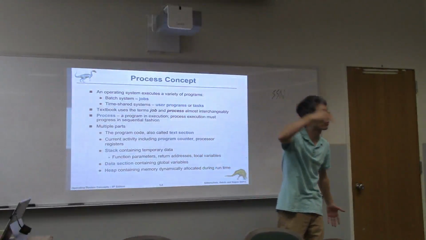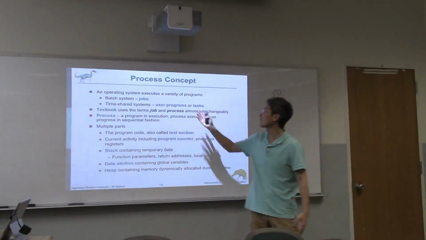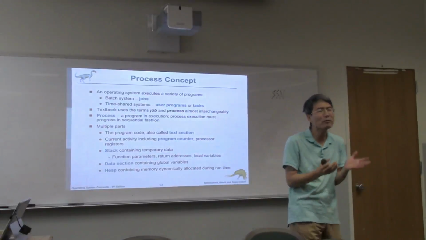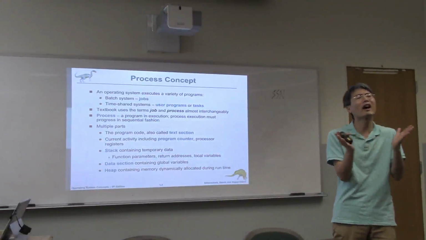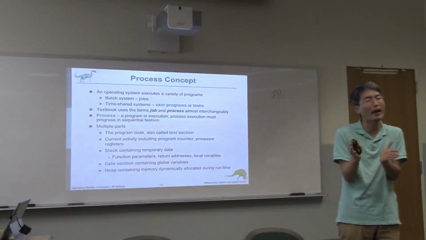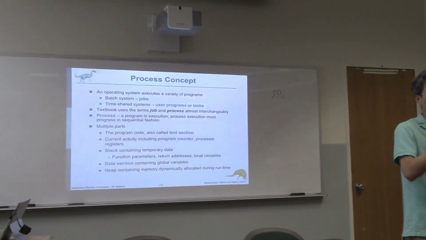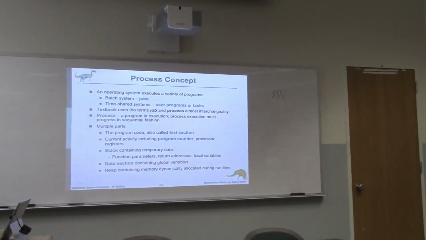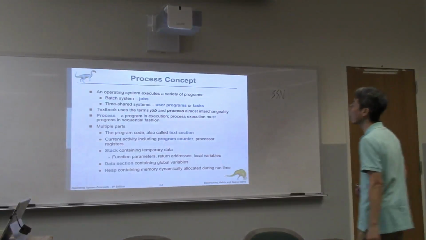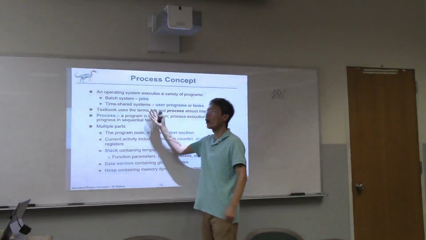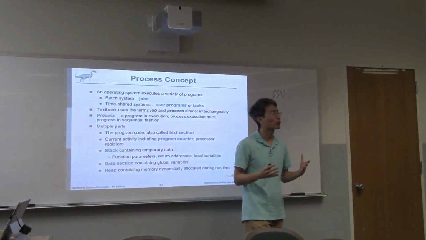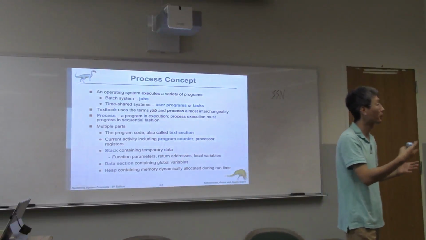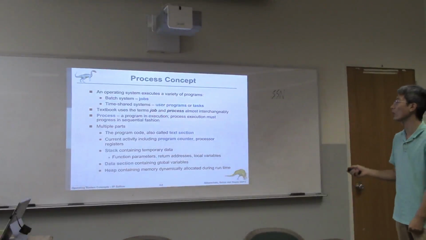Whether you download it, create it, or compile it, it's a program. Or sometimes it's called a task. They have the same meaning, but they are passive. They are not doing anything until they are executed, until they are loaded into the memory. So overall, we can use job or process to represent such an active program. That is our goal to manage.